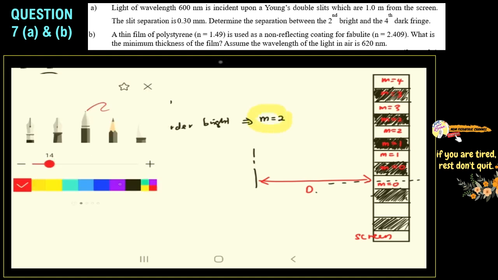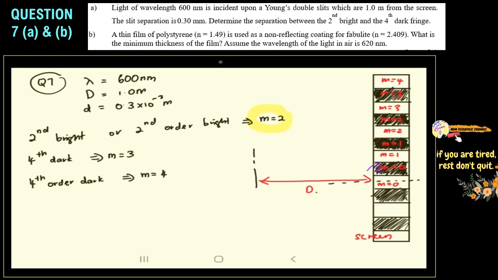From the center to the second bright, I write Y2B to guide myself, that is the distance from the center to the second bright.